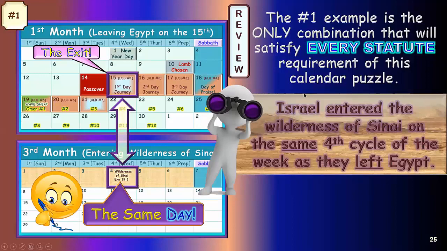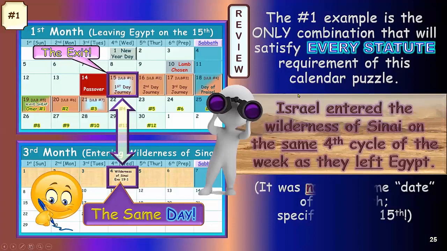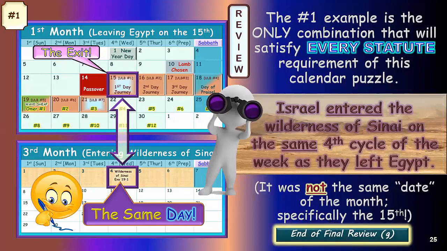Israel entered the wilderness of Sinai on the same fourth cycle of the week as they left Egypt. It was the fourth cycle of the week. It was not to be the 15th date as Enoch demands. It was not the same date of the month, specifically the 15th. So Enoch is not scriptural. Once more, there's severe division, or opposition, I should say, to the scriptures.